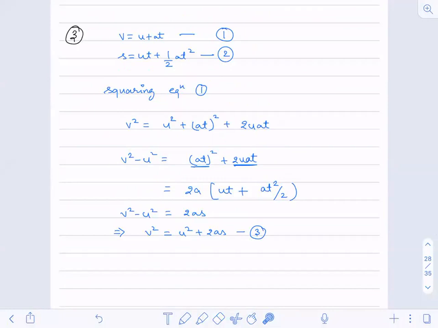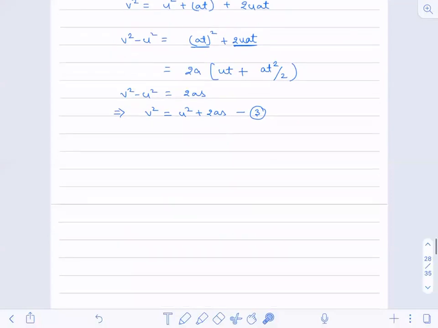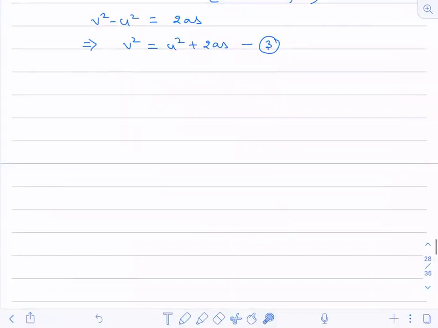Understood? Fine. So let us do a few problems on these speed equations.